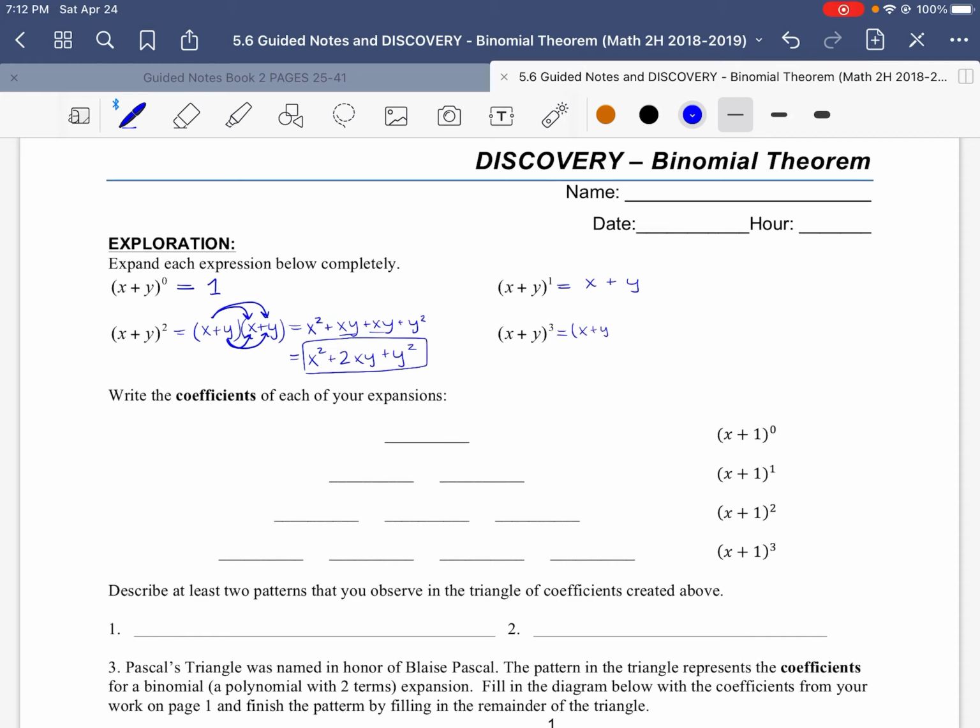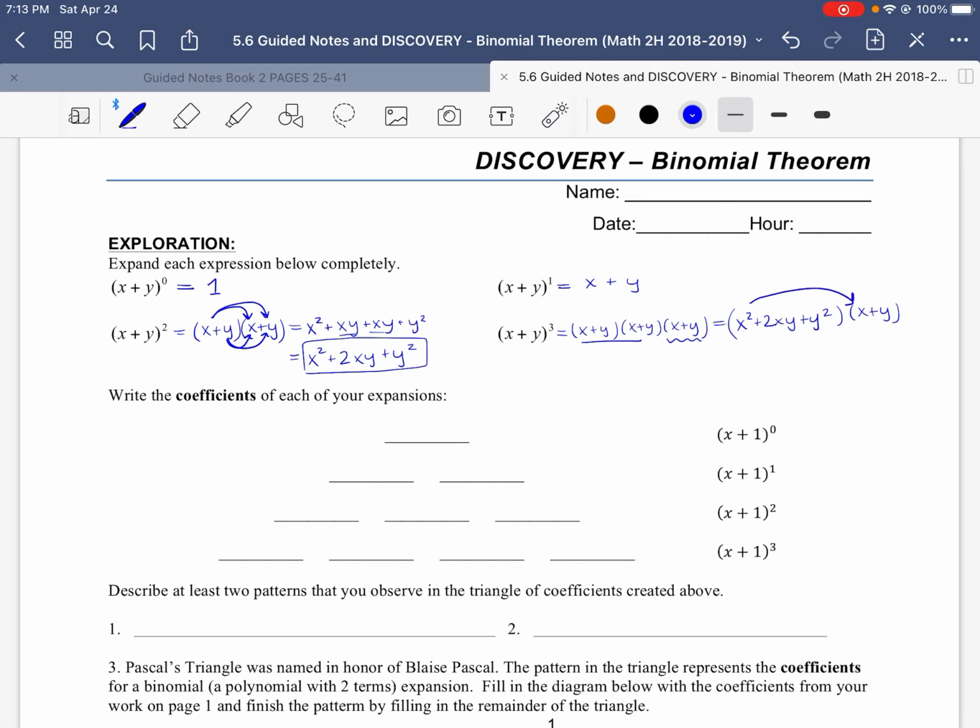And then we could keep going. Remember, if this is to the third, that's x plus y times x plus y times x plus y. And the nice thing is that we just figured out that x plus y squared is that. So I'm going to take these first two and replace them with x squared plus 2xy plus y squared, because we already did that work. And then we still have one more of them here, so I'm going to multiply that by x plus y. You can put this in a box if it helps you keep track of terms, or just go ahead and distribute.